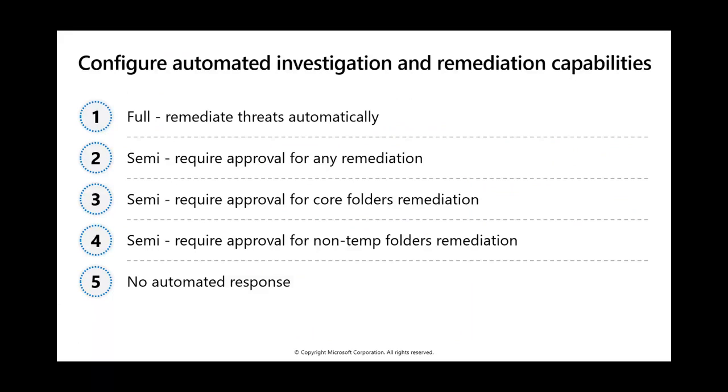Number 3 is semi also, but requires approval for non-temp folder remediation. It is a type of semi-automation, but with this level, approval is required for any remediation actions needed on files or executables that are not in temporary folders.